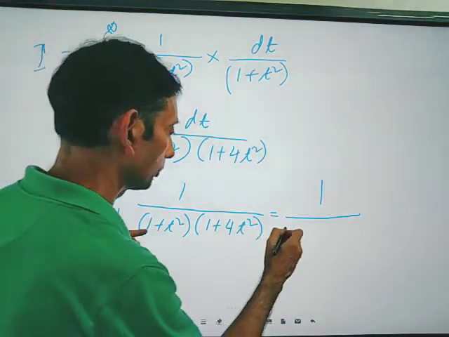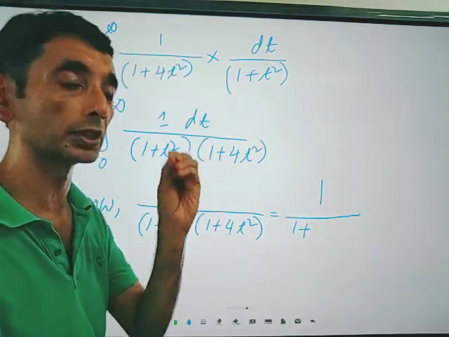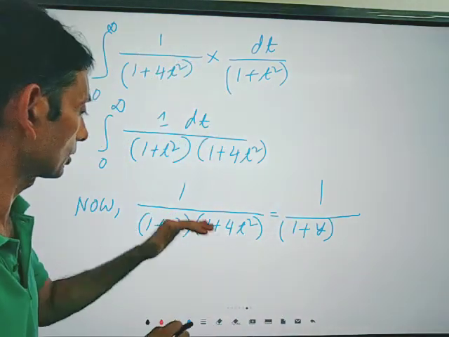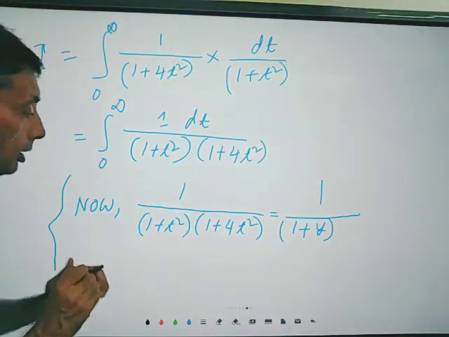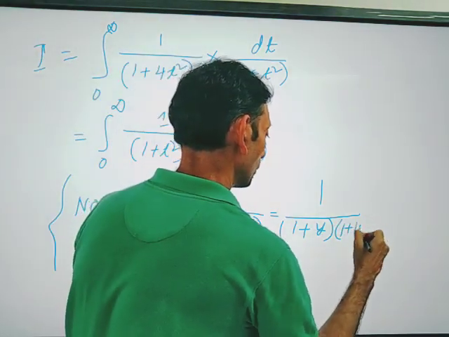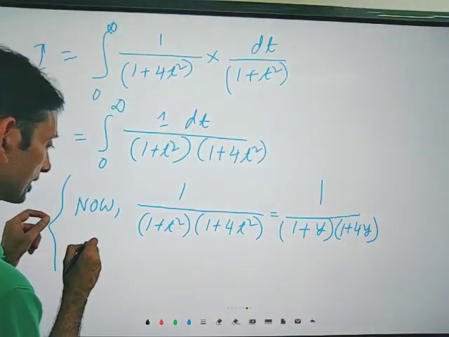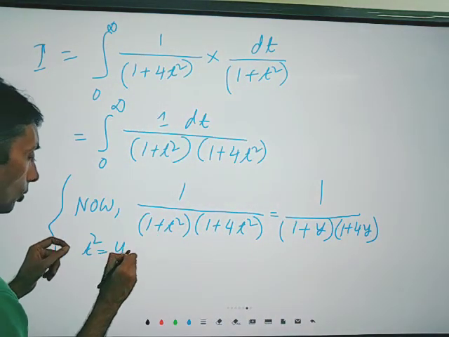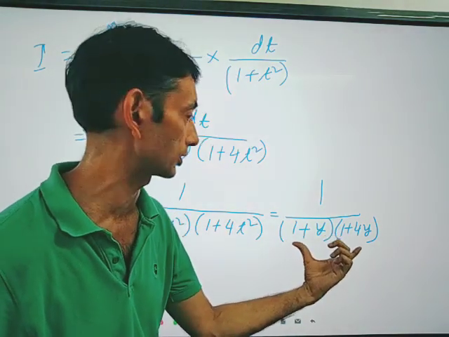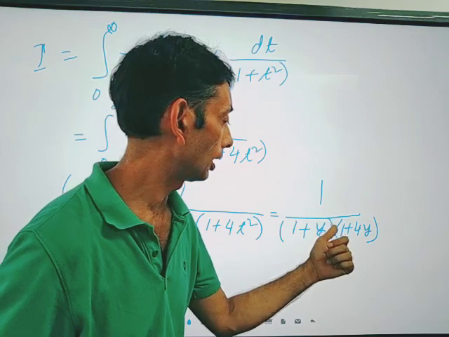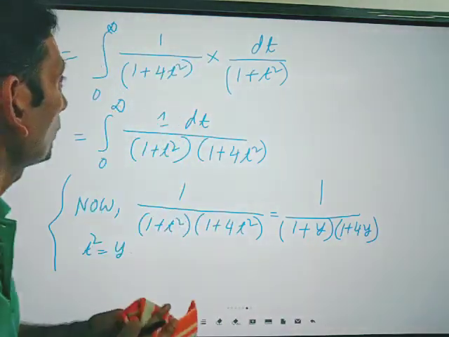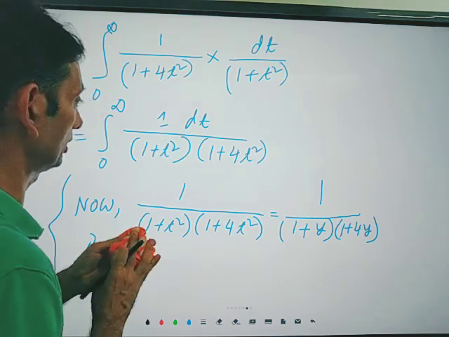We'll use a new variable y, replacing t squared by y, which is only an algebra step. Now we separate these terms with partial fractions: 1 by 1 plus y into 1 plus 4y.